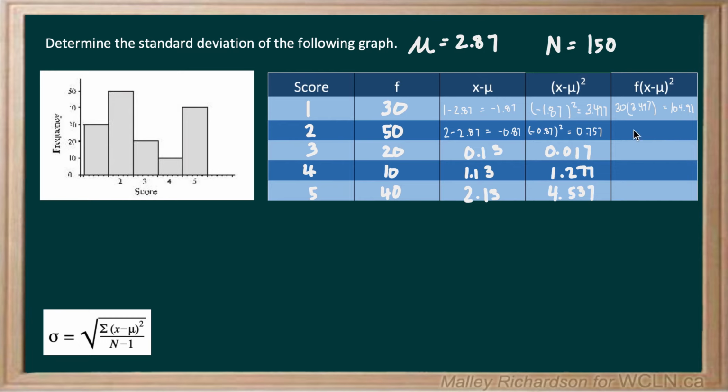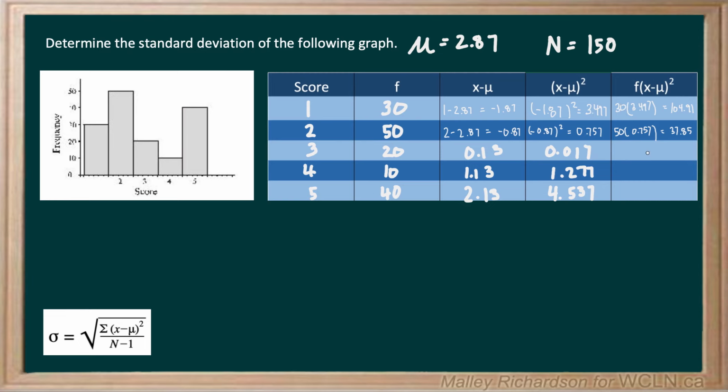Now in our next row, we have the frequency of 50 multiplied by x minus mu squared, which is 0.757. 50 times 0.757 gives us 37.85.